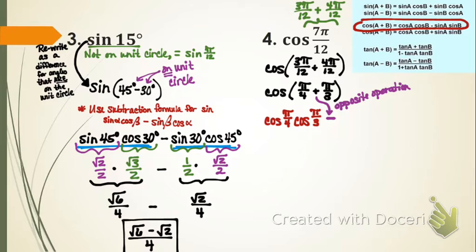Sine stayed the same operation, but for cosine, it changes. So I have minus here, and then it's going to be sine of pi over 4, sine of pi over 3.